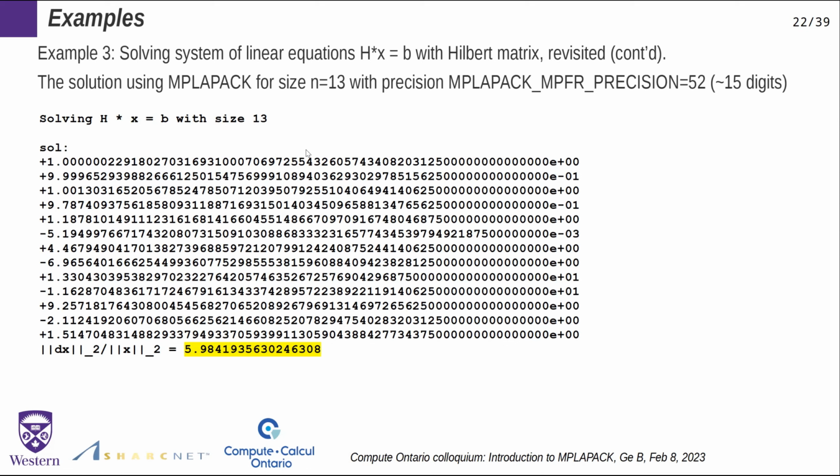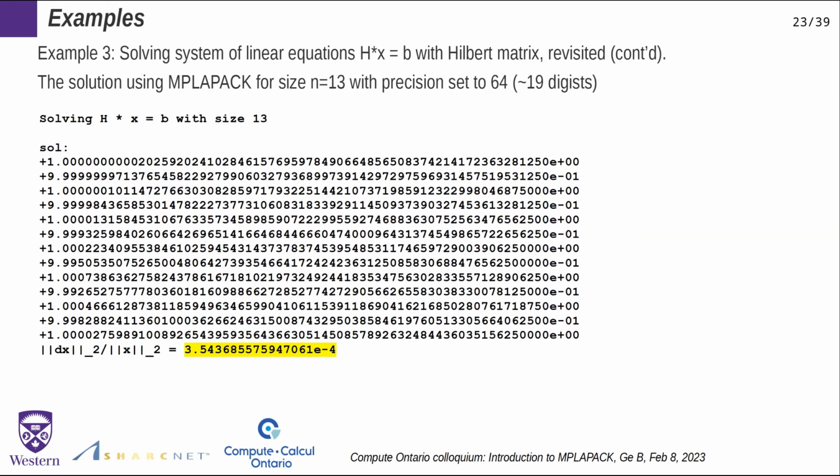And as we can see, if you just look at the solution, it's way off the original unit vector X that we used to create that right-hand side B. It's easy to see they're nowhere close to the original value. Therefore, the relative error is very high, it's 5.7, which means it's close to 600% relative error.